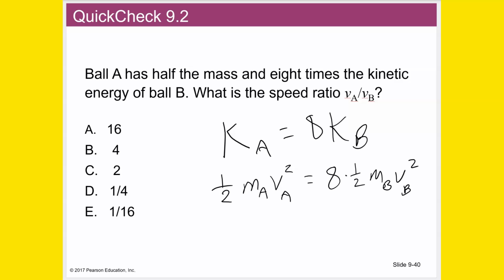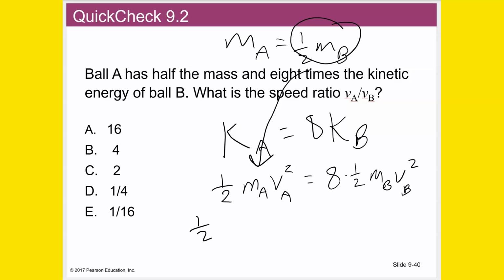And what else do we know? Ball A has half the mass of ball B. So MA is half of MB. So I'm going to substitute this in for MA to have one less variable in there.